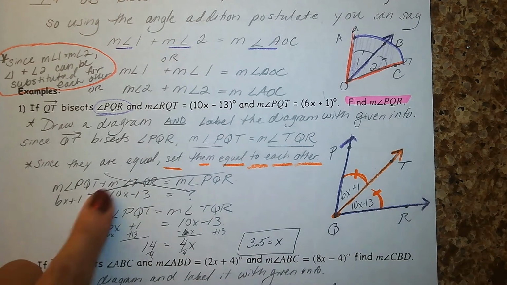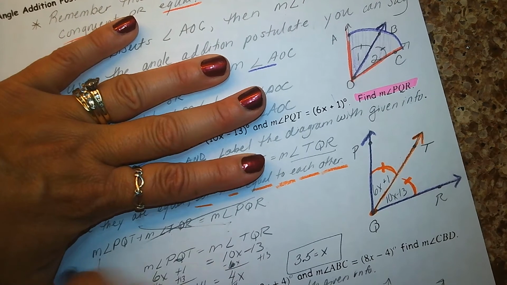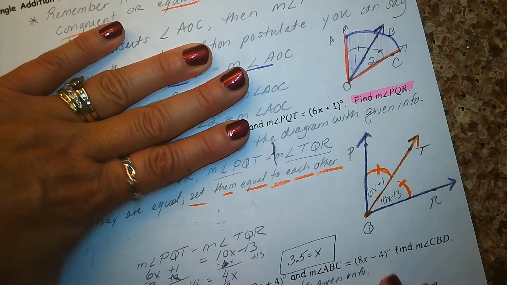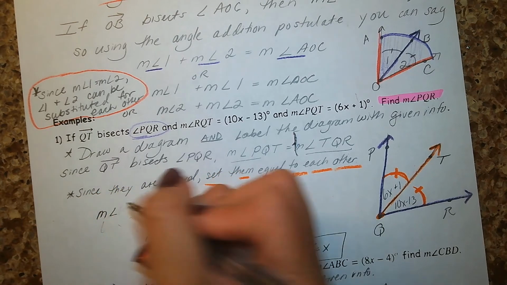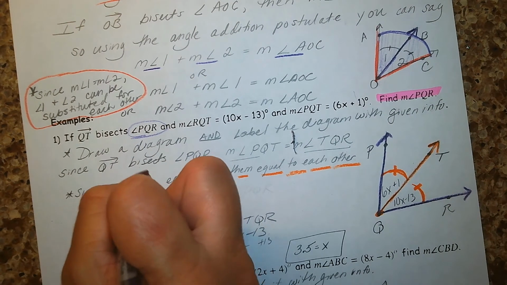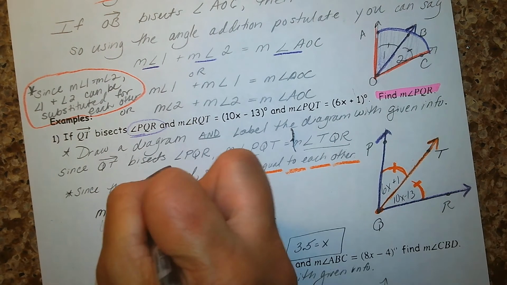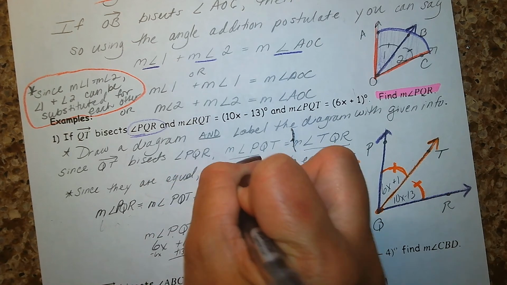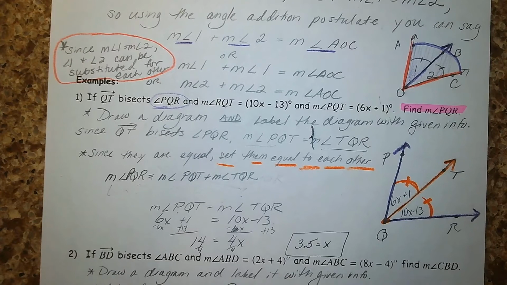I'm going to go back to this because I need to find the whole big angle. I didn't want to use it before, but I can use it now for the angle addition postulate. You can do this different ways, but I'm just going to set it up in the angle addition postulate so that we have a place to plug things into. So PQR is equal to the measure of angle PQT plus the measure of angle TQR. Then I'd substitute everything in.